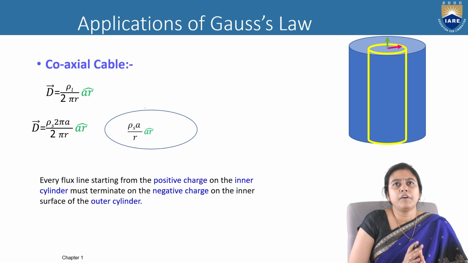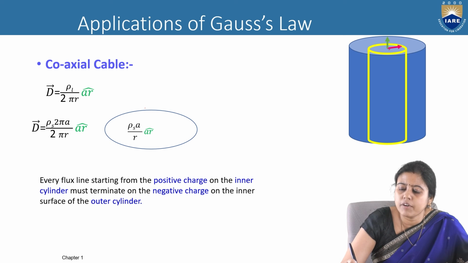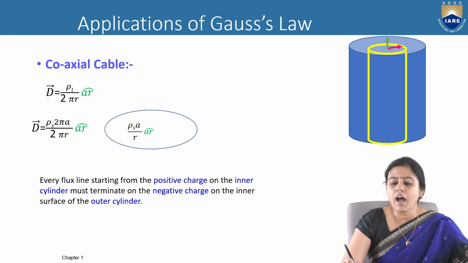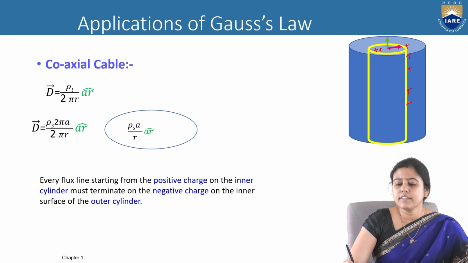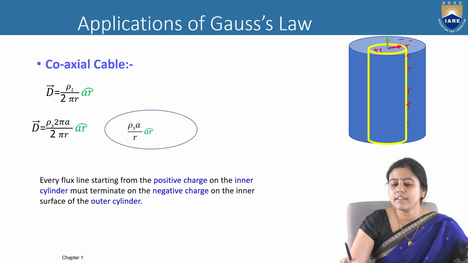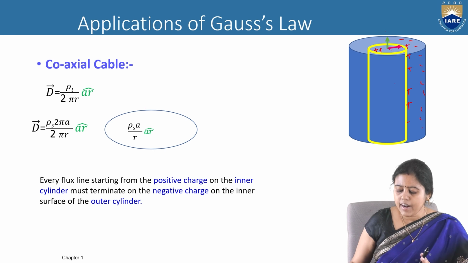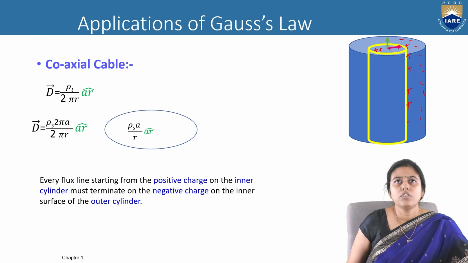So all the flux starts from the positive charge on the outer surface of the inner cylinder, as you can see in red, and terminates on the negative charge on the inner surface of the outer cylinder. So this is another application of Gauss's law.